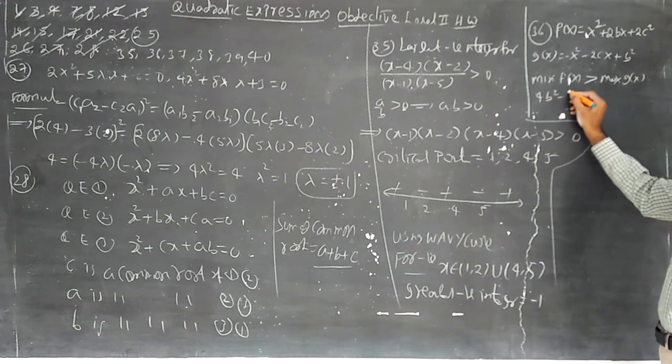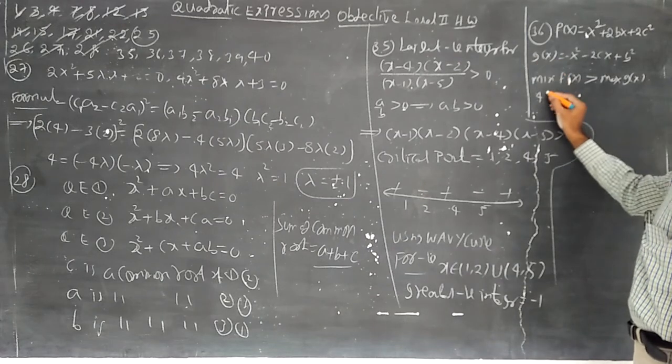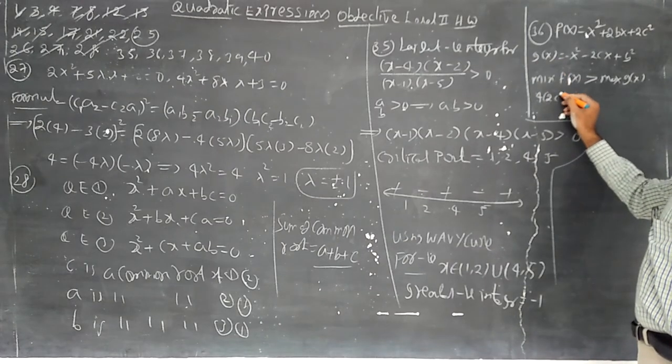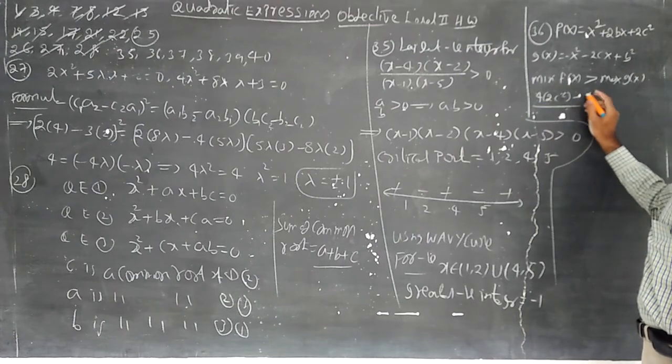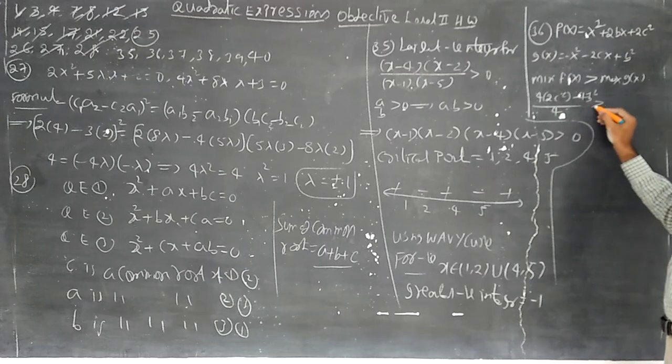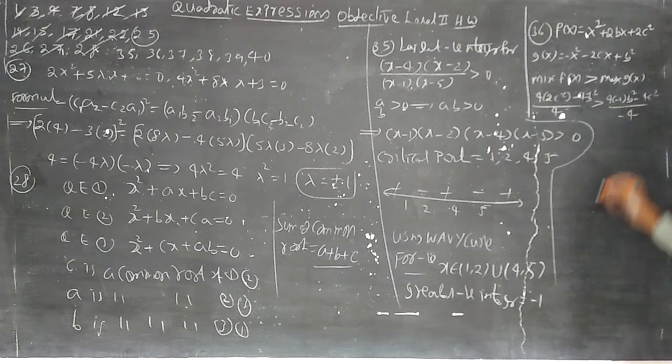So 4 into 2c square minus 4b square by 4a, greater than, here also, 4 into minus 1 into b square minus 4c square, whole by minus 4.